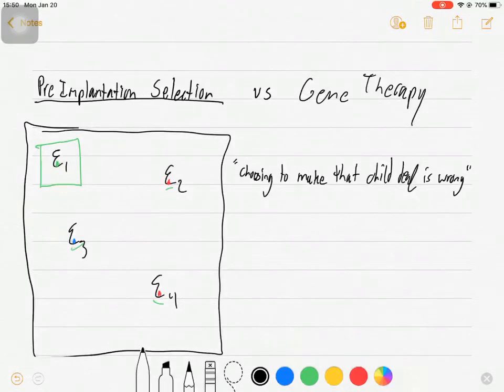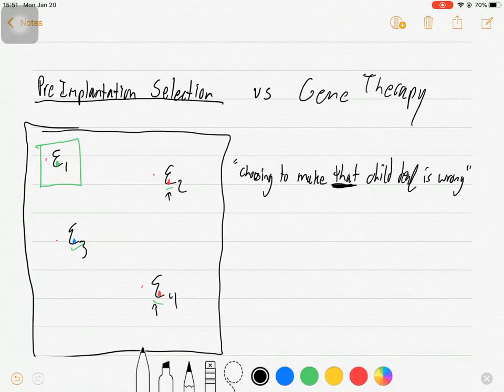So let's assume for the sake of argument that this disability that we're talking about is deafness. One of the things that I heard a number of folks say is that it would be wrong for the deaf parents to choose to make that child deaf. But here's the thing. We're not talking about the same potential children. Notice that all these embryos are distinct embryos. None of them are the same.